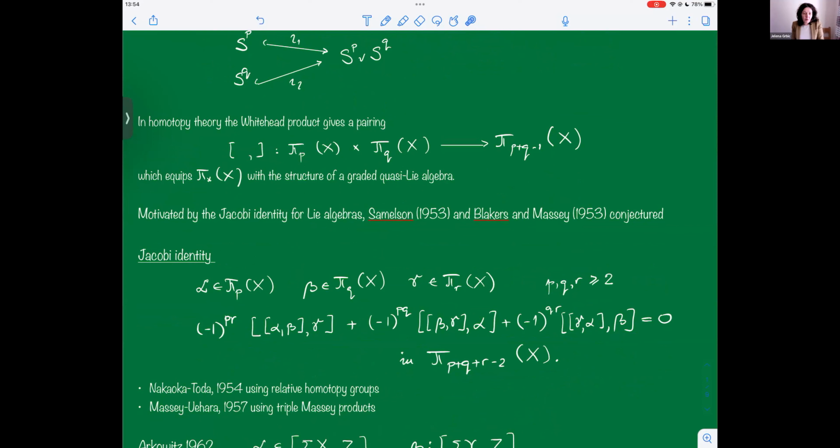Although it was easy to conjecture that the Jacobi identity exists, the proof is surprisingly difficult.